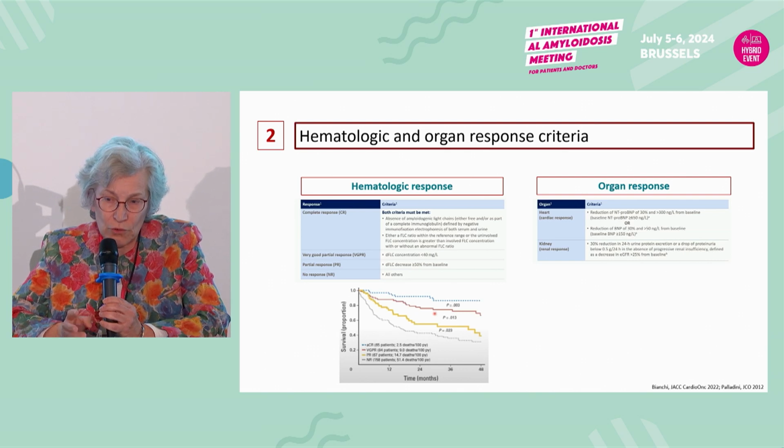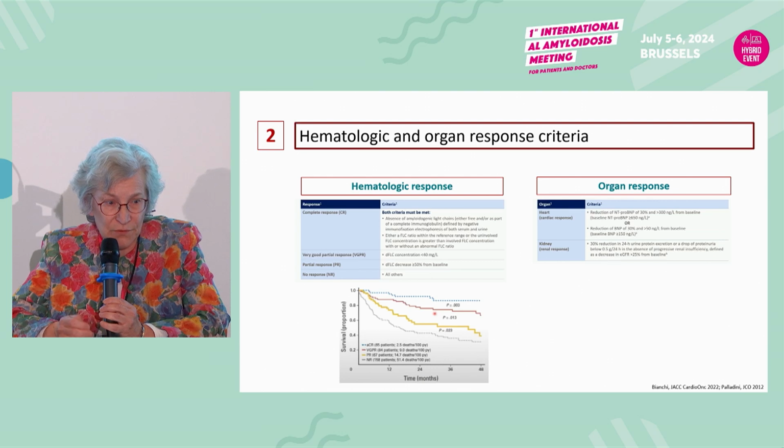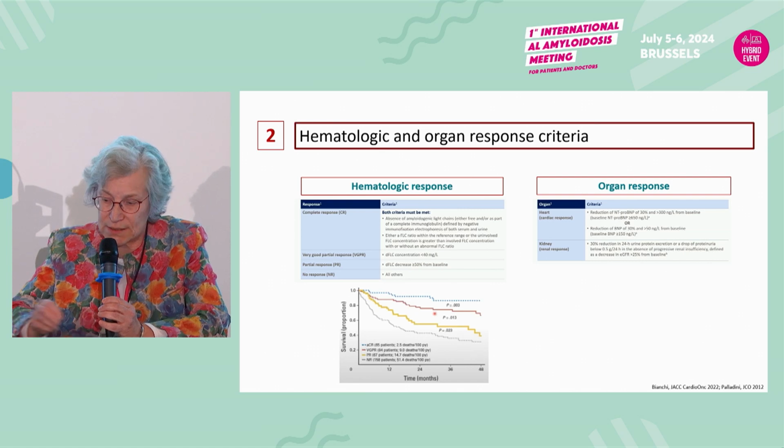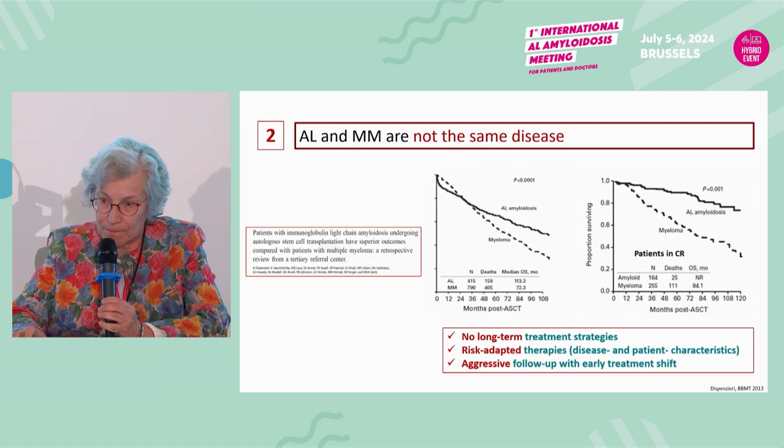The first goal is to achieve a hematological response, and you will see that these criteria are evolving over time, and now the best response will be assessed with the delta free light chain of less than 10 or less than 20. You can do the same exercise with organ response, even for the heart, but also for the kidney and other organs that has been covered in the morning.